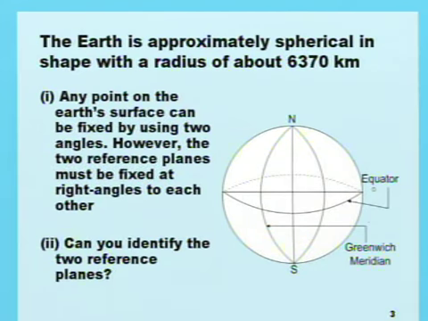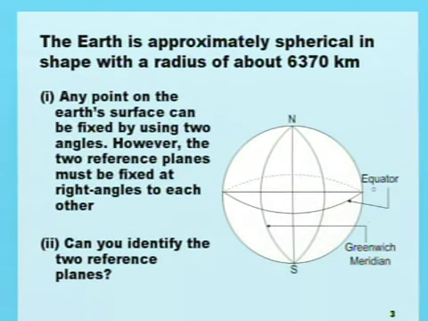If you look at a picture of the Earth as seen on the right, you would recognize the equator. The equator would represent one plane, and the plane connecting north to south, north at the top, south at the bottom, is another plane that will divide the Earth into four equal parts.